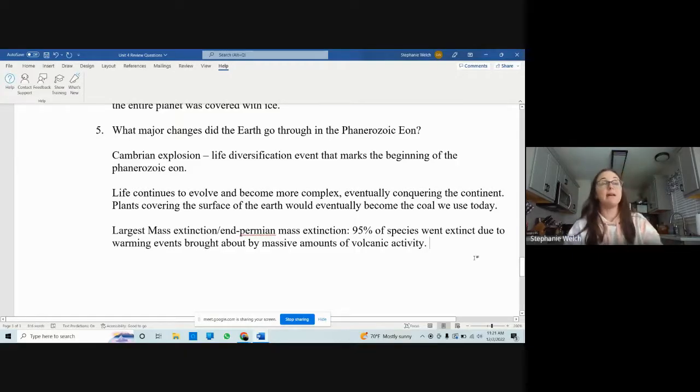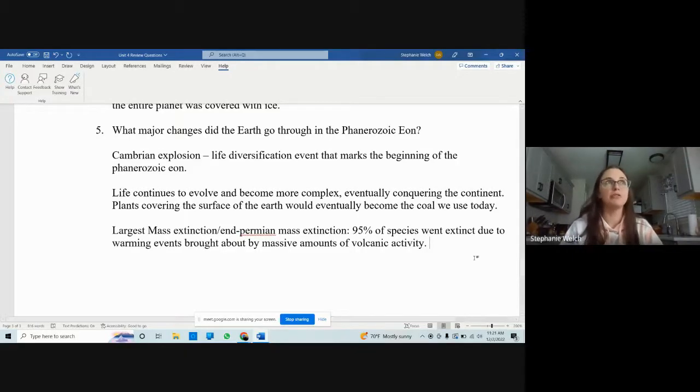This massive volcanic activity happened in a place we now call the Siberian Traps. We call this the Siberian Traps, where this volcanic activity was taking place.